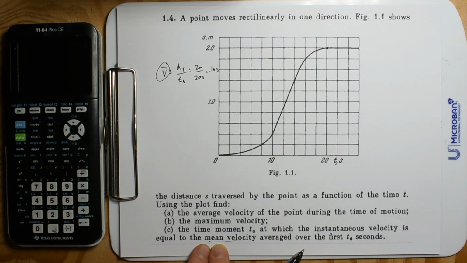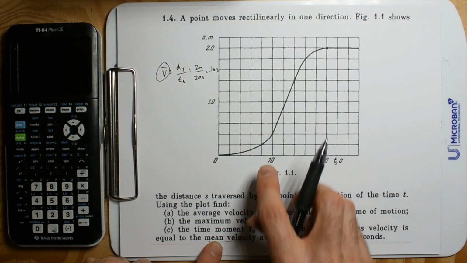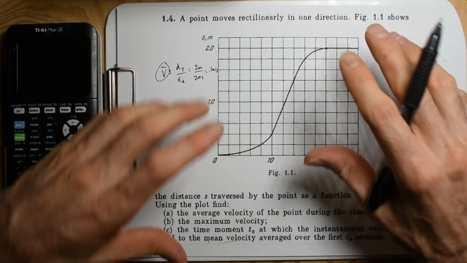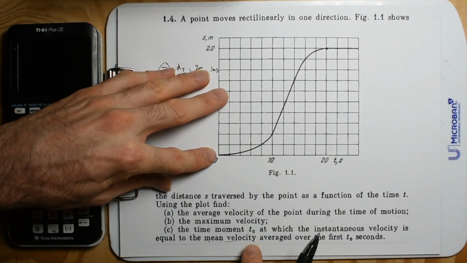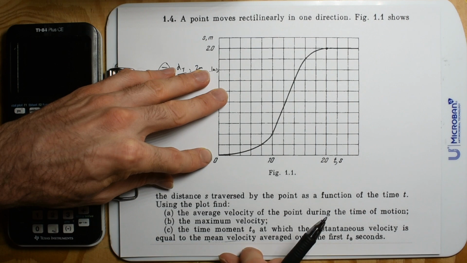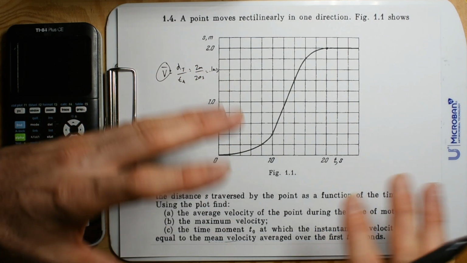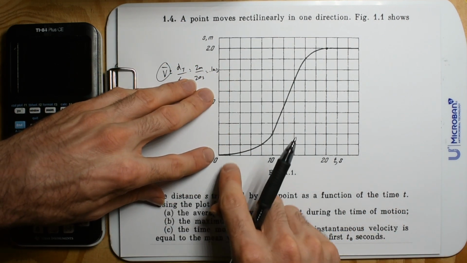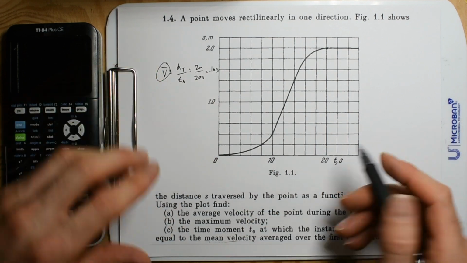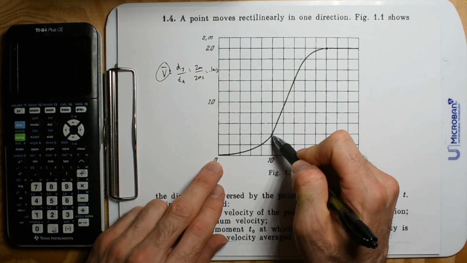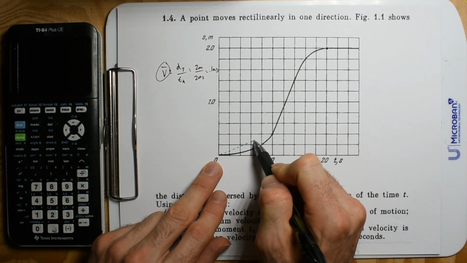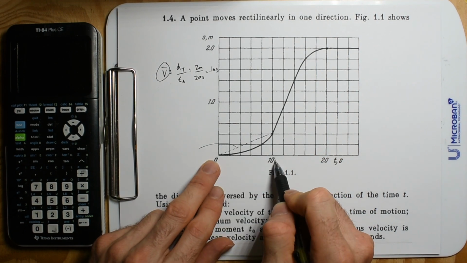But they're still saying not the mean velocity for the entire trip. Well, this is bizarre. This is cool because this book challenges me, even if I'm not answering the questions right. Sometimes you just have to guess, so let's just guess right here. They're saying, what is the mean velocity in the first 10 seconds?